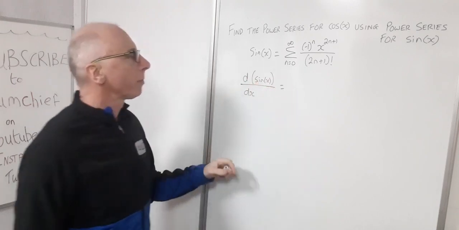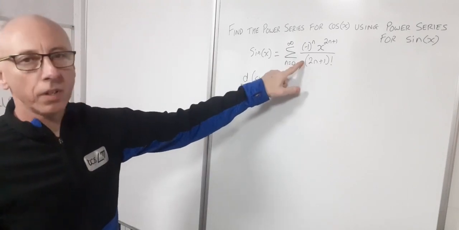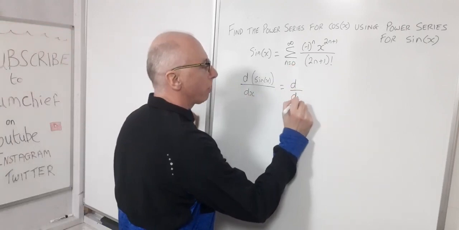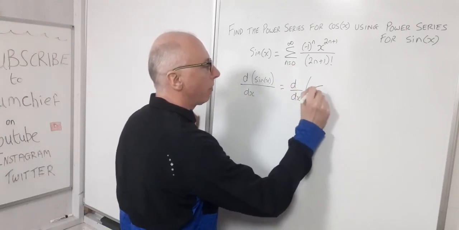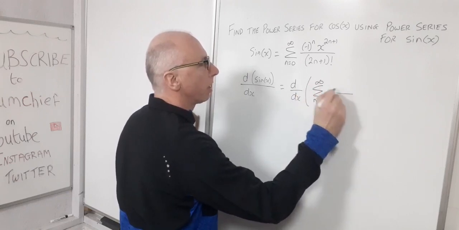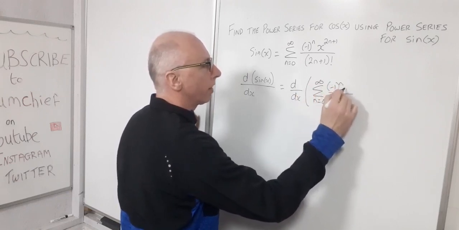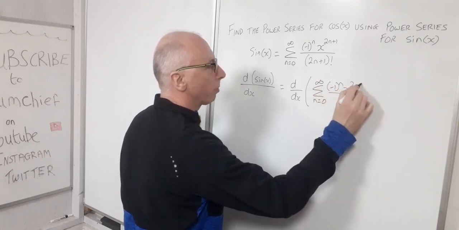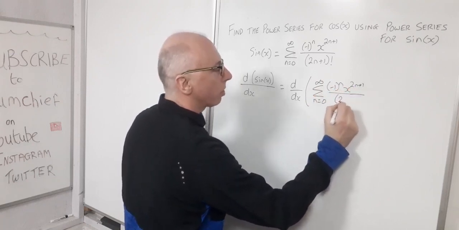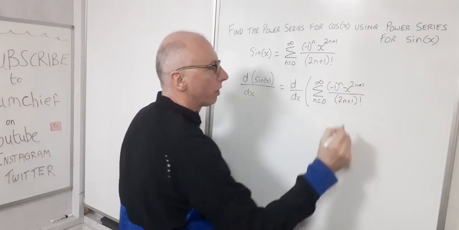That equals the derivative with respect to x of this power series: n equals 0 to infinity, minus 1 to the n, x to the 2n plus 1, divided by 2n plus 1 factorial.